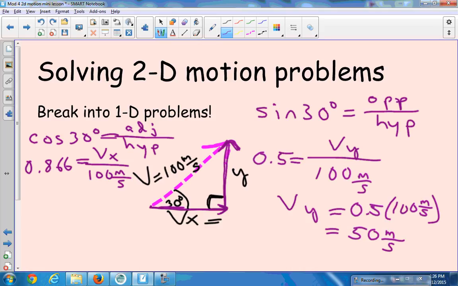And through the magic of multiplication, we end up with V of x equals 86.6 meters per second. And I'm not really following significant figures very well. This is how you split the two components from each other, or resolve the total 100 meters per second at 30 degrees up from horizontal into about 90 meters per second sideways and about 50 meters per second upwards.